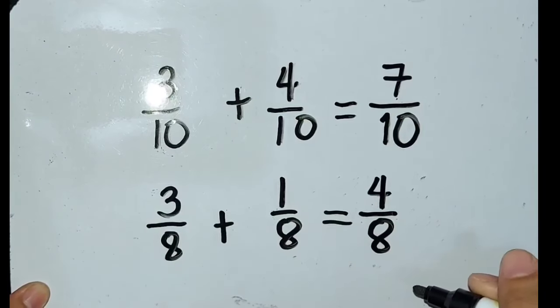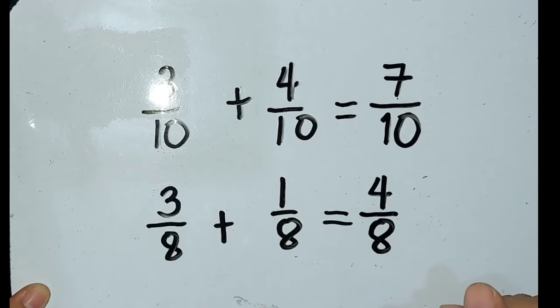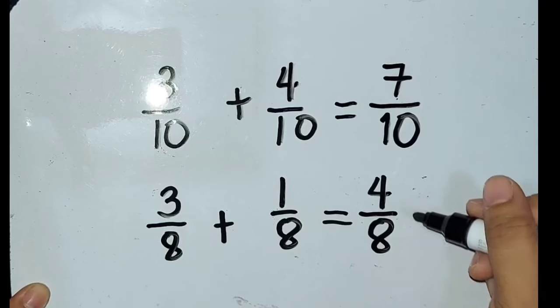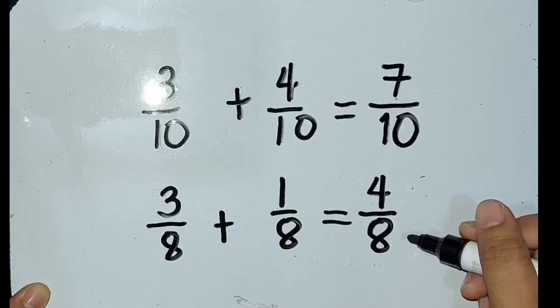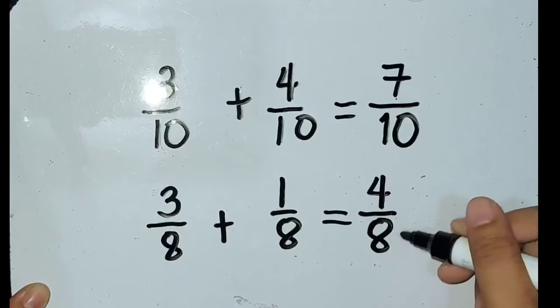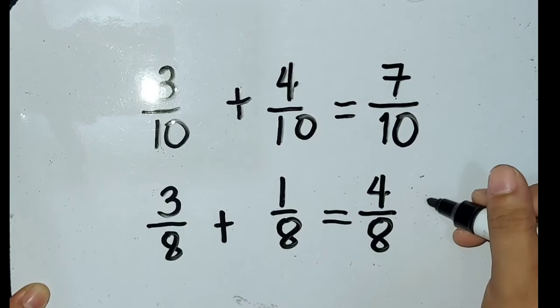Next step, simplify. In order to simplify or change a given fraction to lowest term, let's divide the numerator and the denominator by their greatest common factor or GCF. The greatest common factor of 4 and 8 is 4.